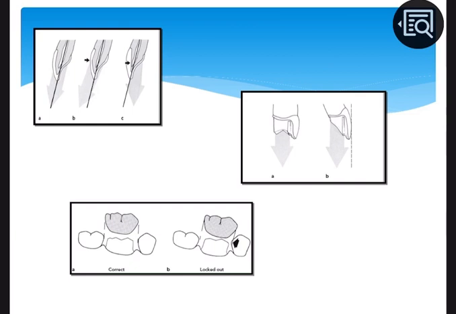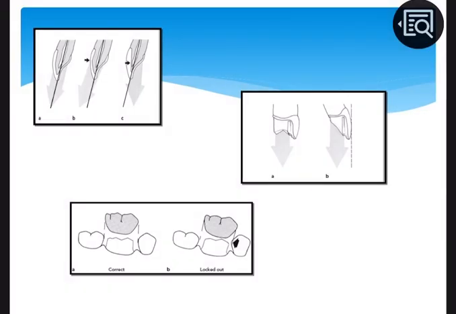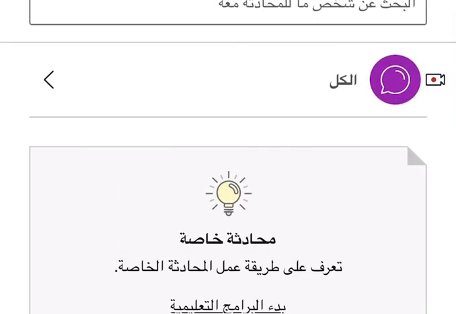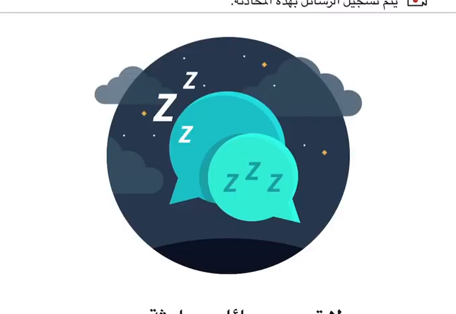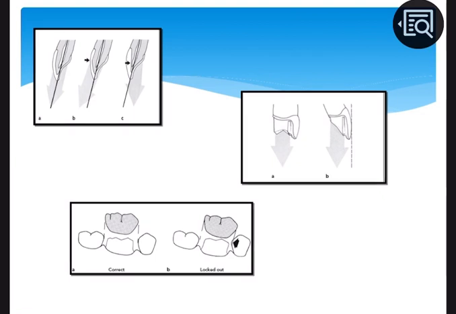So in the last box, there are again two pictures, A and B. In picture A, you see the path of insertion along the long axis of the tooth. If it is not parallel to the adjacent proximal contact, then we cannot seat the crown in the desired position.